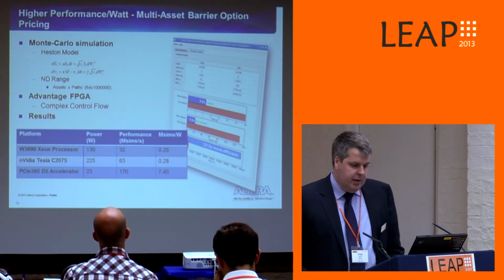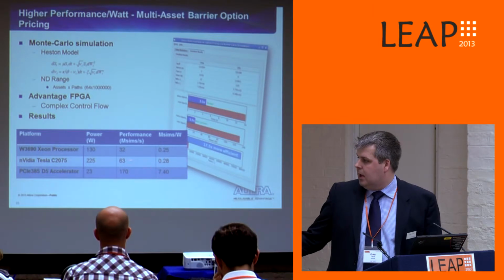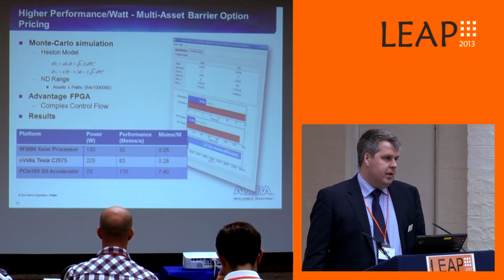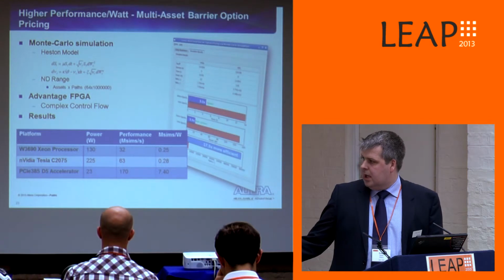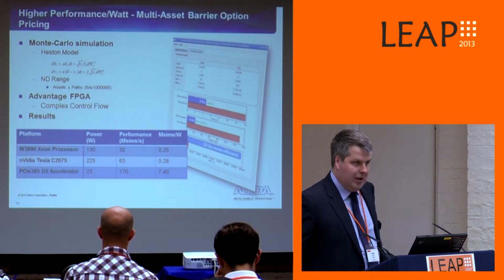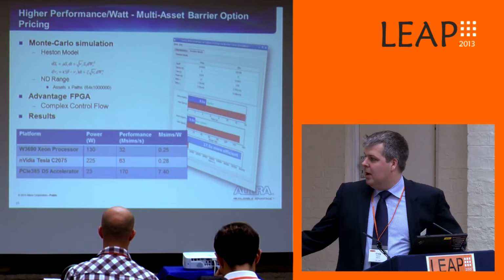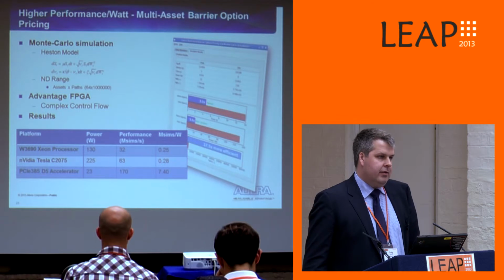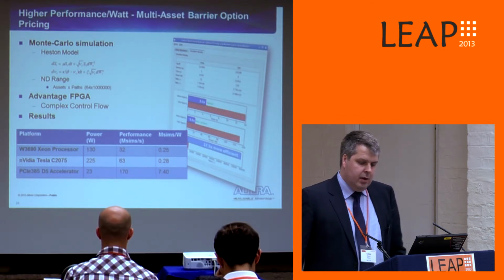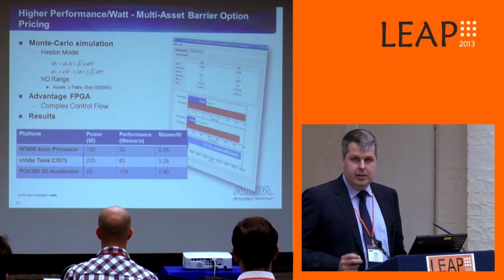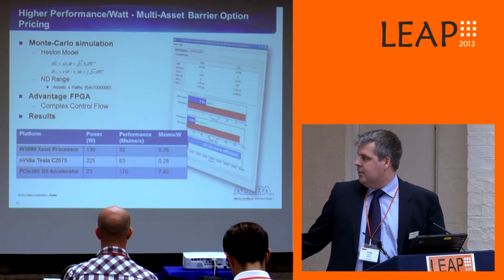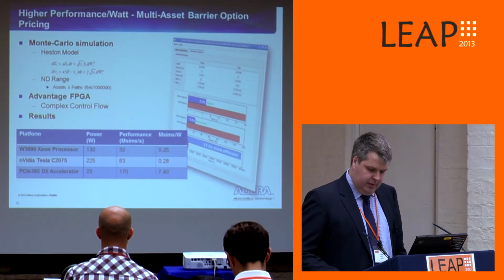What I want to highlight here is not just the performance advantage, 170 million simulations per second, but also the power consumption benefits. Okay, it's not mobile levels of power consumption, as we've heard this morning, but it's 23 watts compared with a couple of hundred watts for a competing solution. So it's all about efficient computing: 7.4 million simulations per watt versus almost a quarter of a simulation per watt.